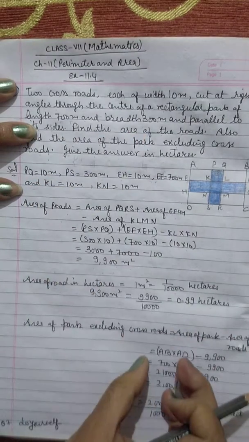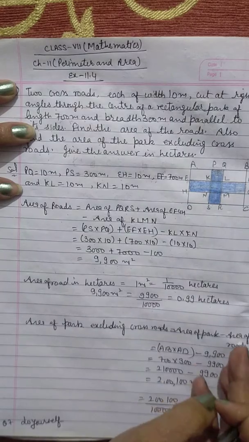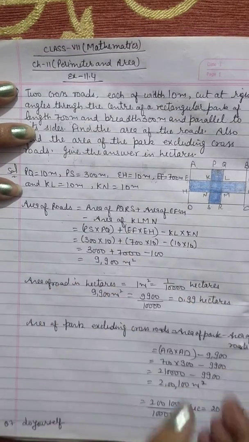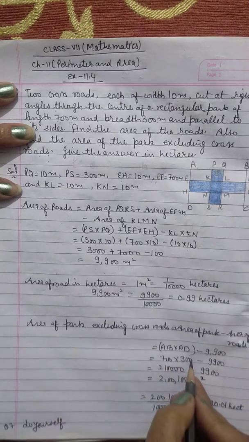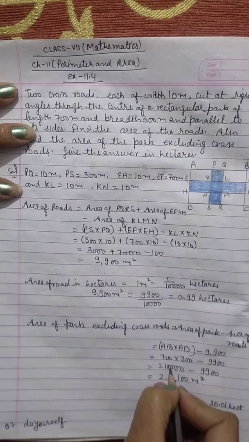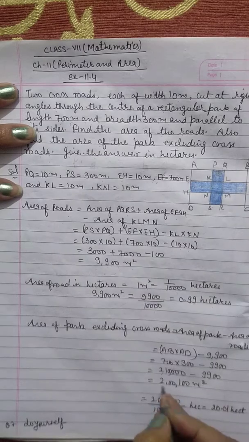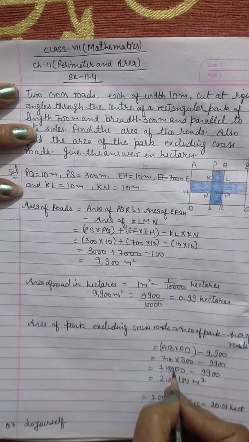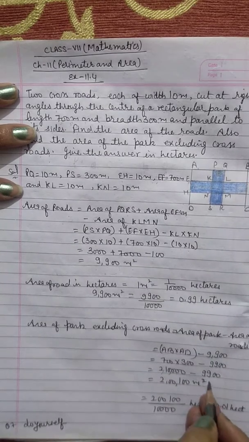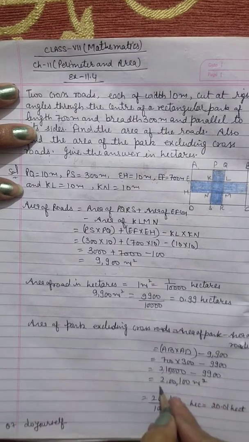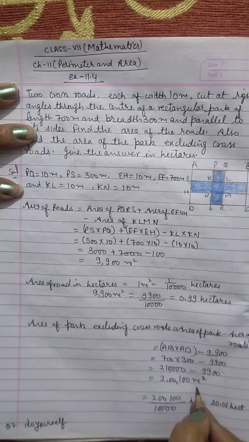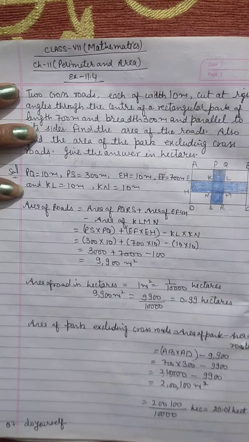So we'll use these values here first, and then the area of the roads, as we have already found out. On multiplying this, we got here 2,10,000, that is the area of the park including roads, minus 9,900. On subtracting, what we got here is 2,00,100 meters square, that is the area of the park excluding the crossroads.